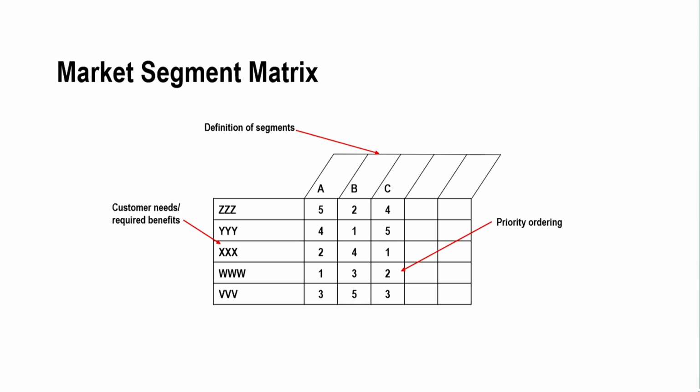And according to that, on the horizontal axis, which you see as A, B, C, we can then create some kind of priority. For example, here we are saying that priority will be 1, 2.